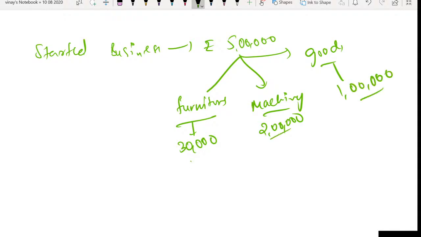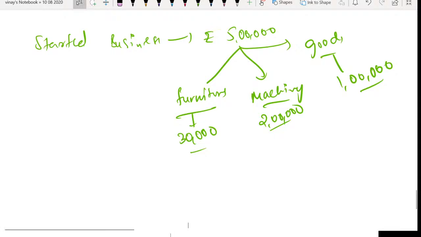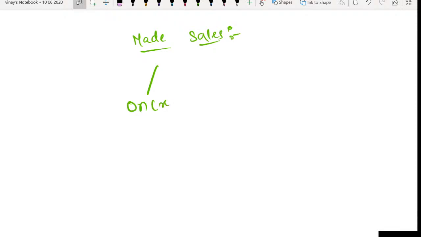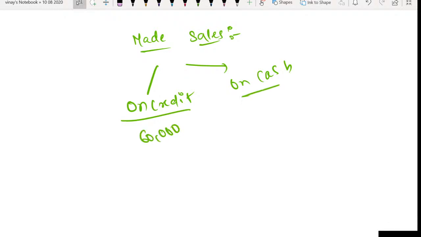So 1 lakh, 2 lakhs, 30,000. Then I made sales during the year, on credit 60,000 and on cash 60,000.